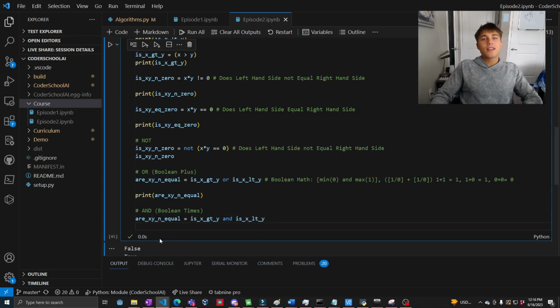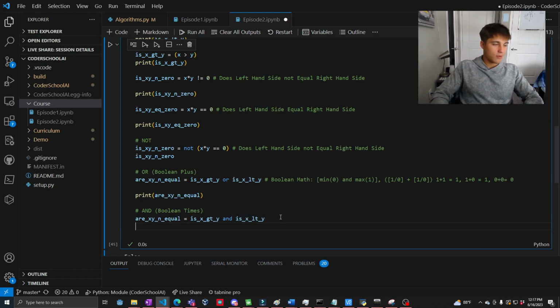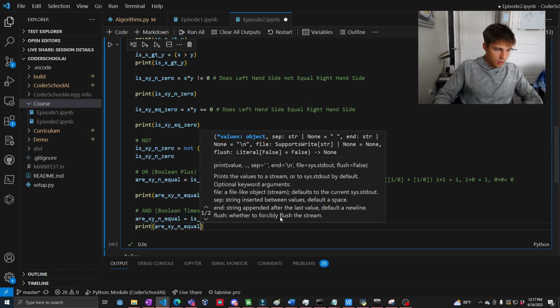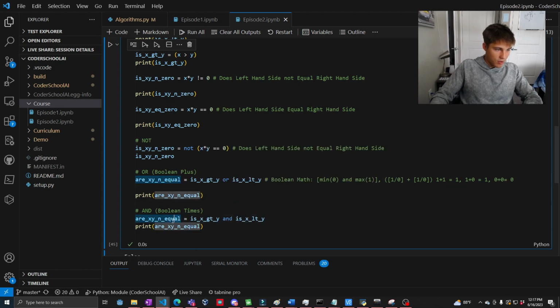You can assume that this will always be false, because for something to be greater than something and less than something is impossible. It just doesn't make sense. If I have 2, 2 is greater than 1, but it's not less than 1. That's impossible, right? So we should always see print r. I'm just going to say r, x, and y, gt, lt.